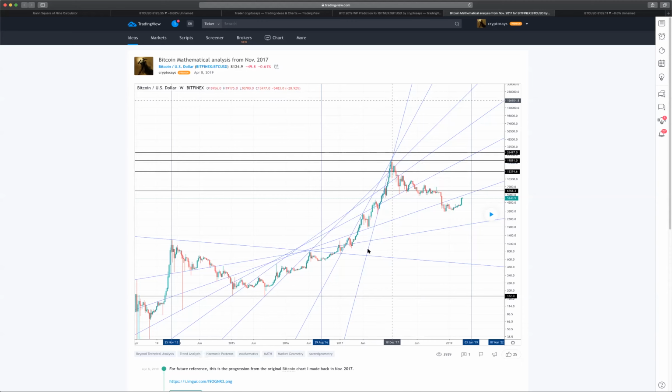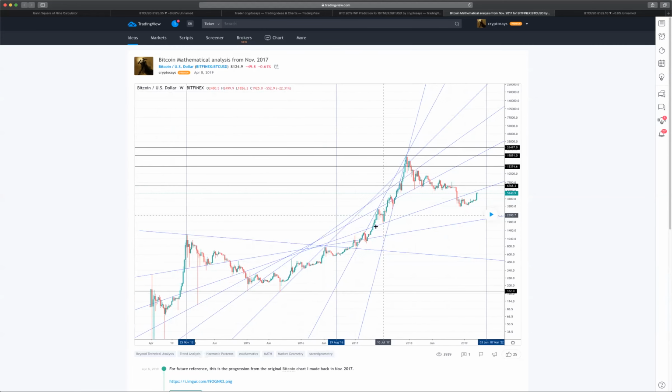And I was like, this is a parabolic move, so I don't have anywhere to go unless we go back in time. And you can see even for the future, how they're still relevant for the price action nowadays.